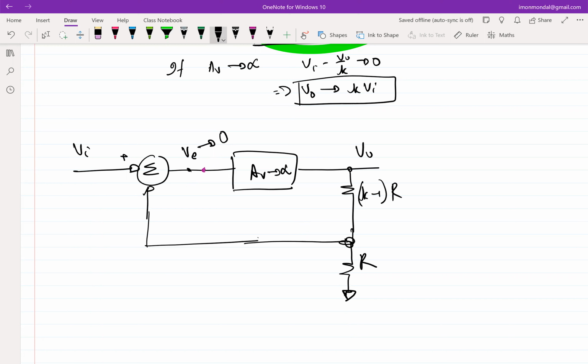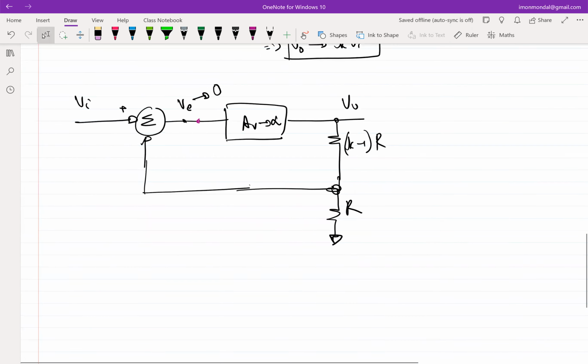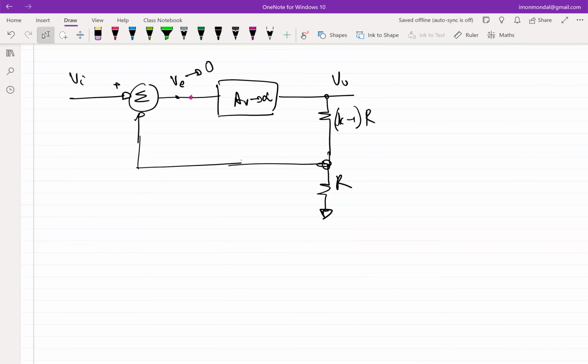And by the way, I'm sure that by now you must have recognized that this is the form of the classical negative feedback system that you have learned in 250, right? Typically the negative feedback systems that we learn, the block diagram is like this.